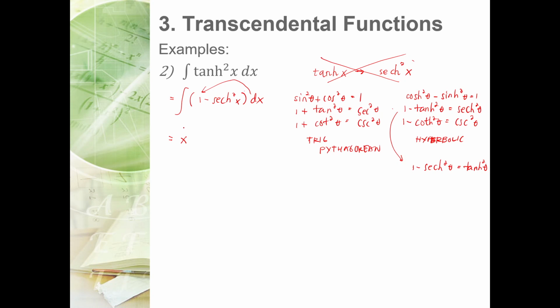Then the integral of hyperbolic secant squared is hyperbolic tangent x plus c. So that's the answer. It's super short if you know the hyperbolic identities. If there are no questions, proceed to the next problem.